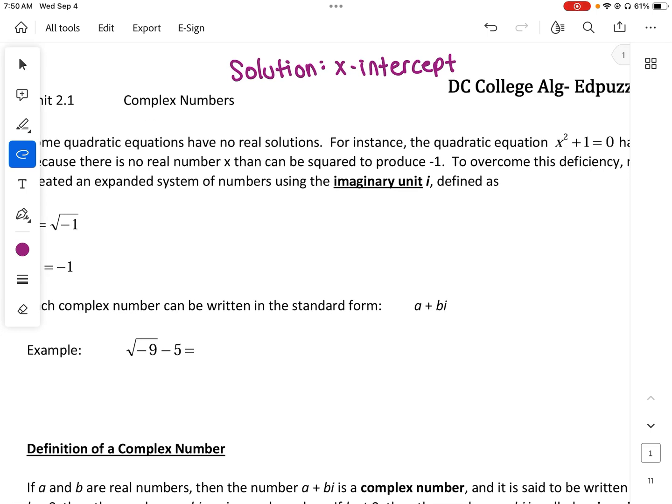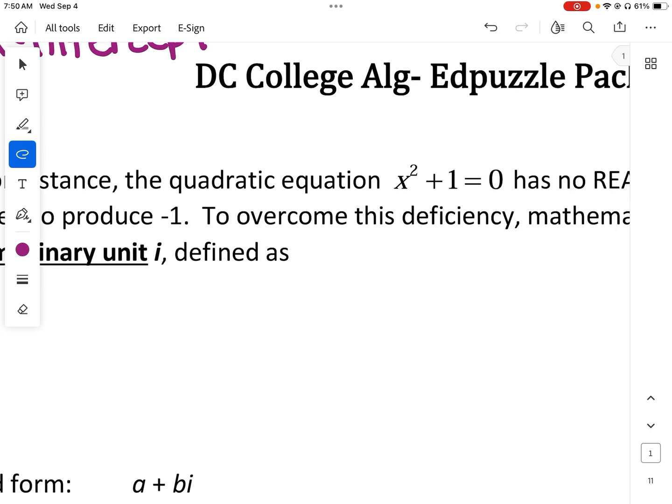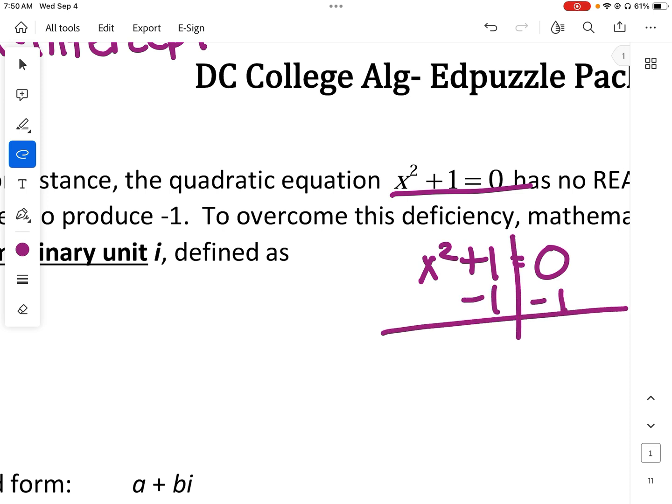The way you might see this is if we have the equation x squared plus 1 equals 0. If I want to solve for x and find the actual solution, I'd do minus 1, and I get x squared equals negative 1. Then to solve it, you take the square root, and so we get x equals plus or minus the square root of negative 1.